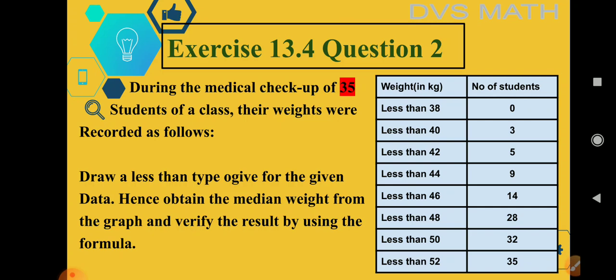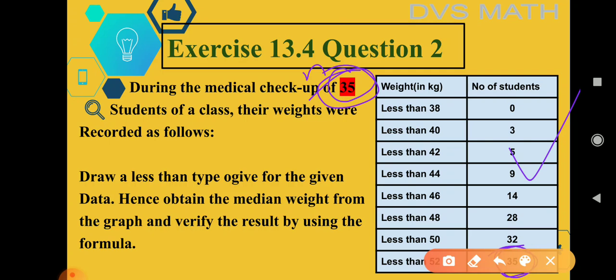If it is in increasing order and the last value, that is 35 here, is matching with the 35 students in the question, that means this 35 is nothing but the n value, and the last value of the frequency is matching with the n value, then the given is CF only.